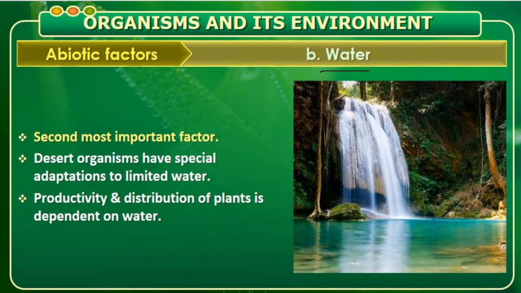Whereas in our place, it is deciduous, where there is neither too much rainfall nor too little. So rainfall is also a measurement which tells what type of organism may exist there.